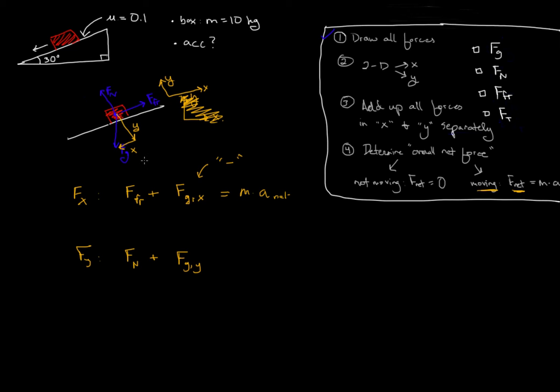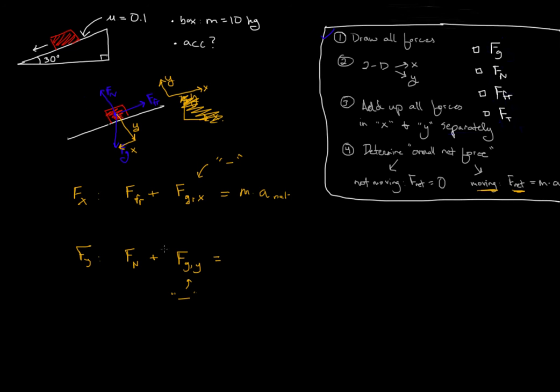And since it's going down, I also expect this to be a negative number. But I'm not going to make it negative right now, and I'll show you why in a second. I'm going to make a little mental note in my head that this should be a negative number. That's it. You have something pushing up and something pushing down. You don't have any other forces in the y direction.